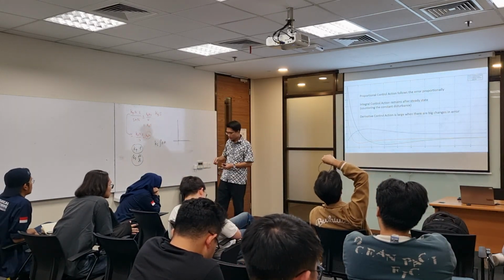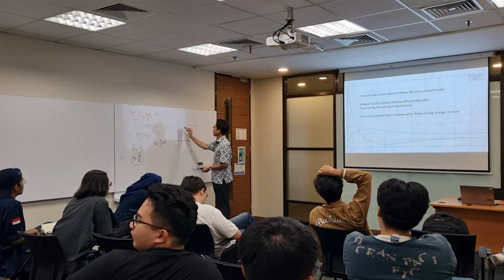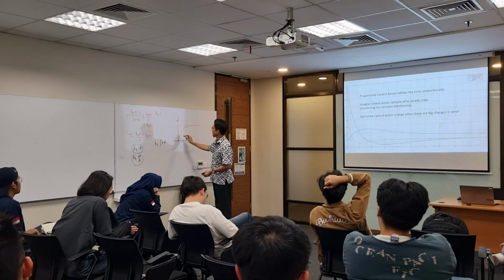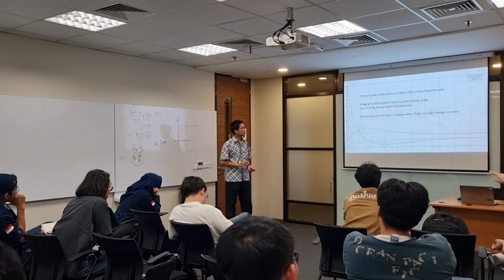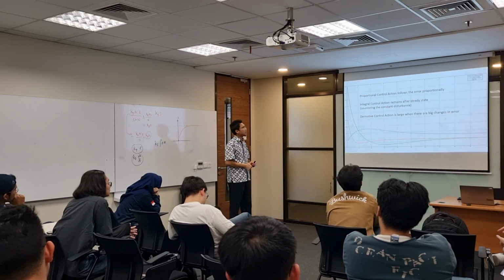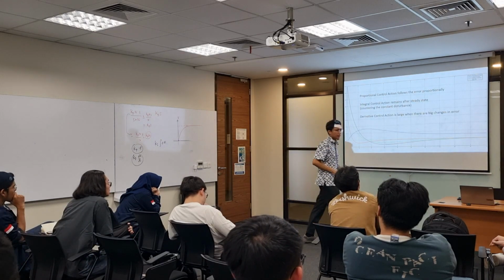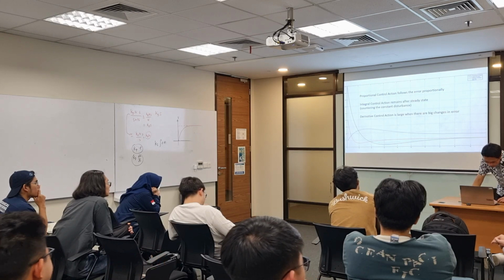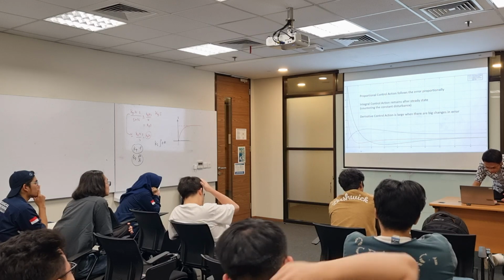The ideal response would be like this: no overshoot for the velocity. This is velocity. This is the ideal case. These are all the control action, not the response. If you want the response, I have to show another graph. Wait.